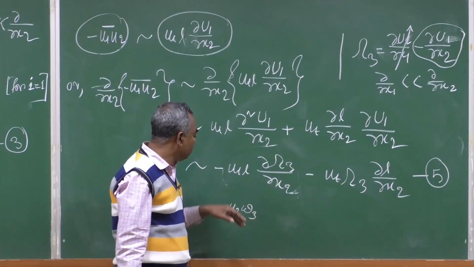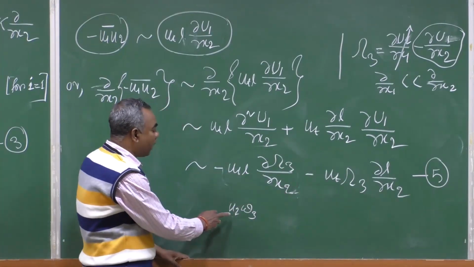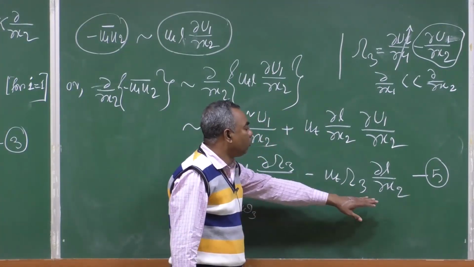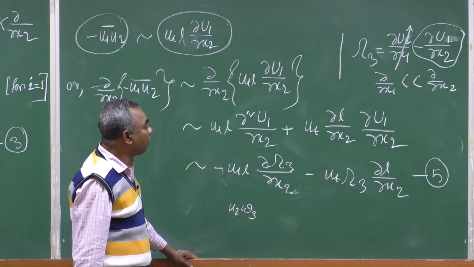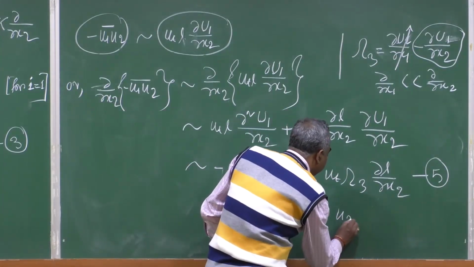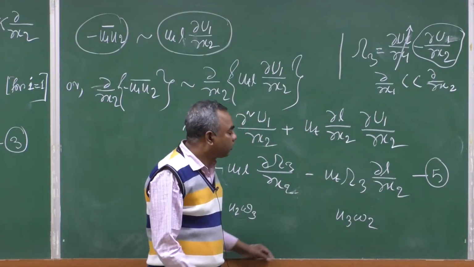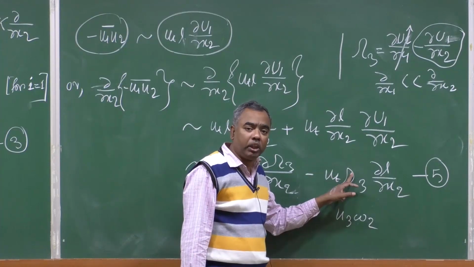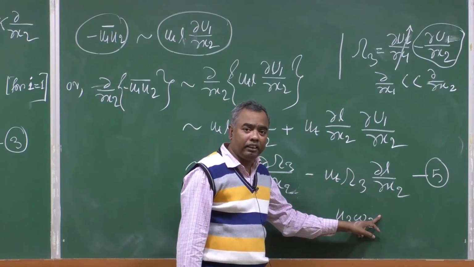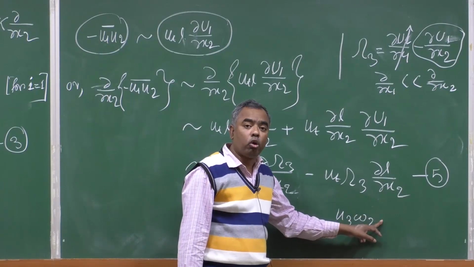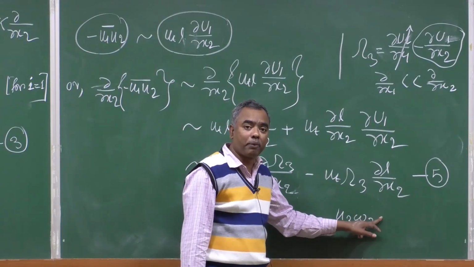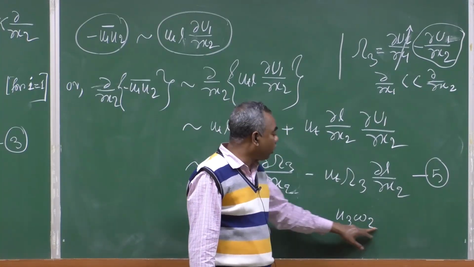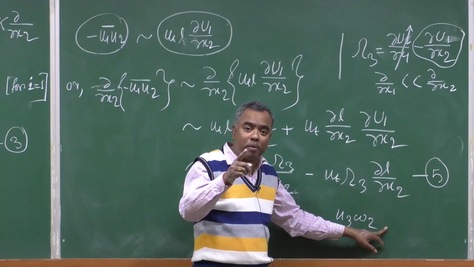So, this particular term is then equivalent to your u2 omega 3. But what about this term? This term we cannot say so, because this term is then your u3 omega 2, that means transport of omega 2 by u3 in the direction of u3. In that case there should exist a gradient of capital omega 2 in the direction of u3, but capital omega 2 is 0.